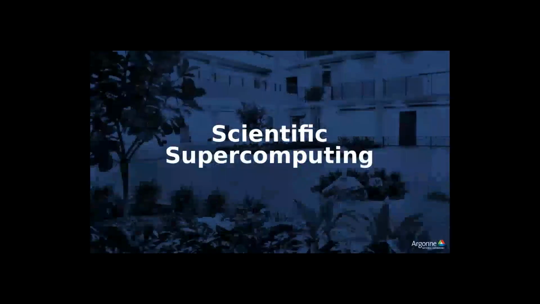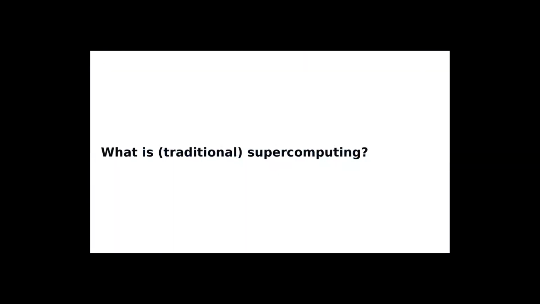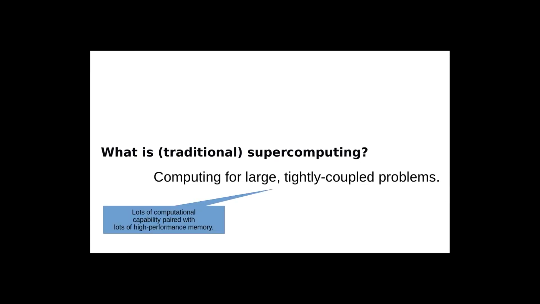Before we start, I'm going to give you some background on scientific supercomputing, just so that we're all on the same page. Traditional scientific supercomputing is computing for large, tightly coupled problems. Large is important. It implies, in this case, both lots of computational capability, lots of flops, you could say, with lots of high-performance memory.